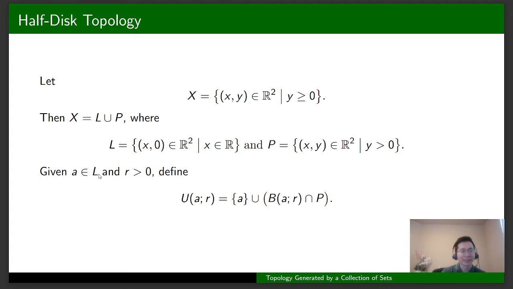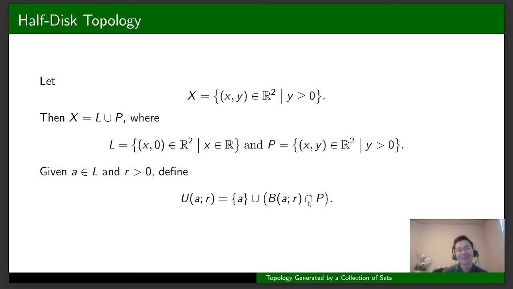Given any a in L and r greater than 0, we define this half ball as follows. U_{a,r} is the union of the single point set {a} and the intersection of the open ball with center at a and radius r with the positive upper half plane.